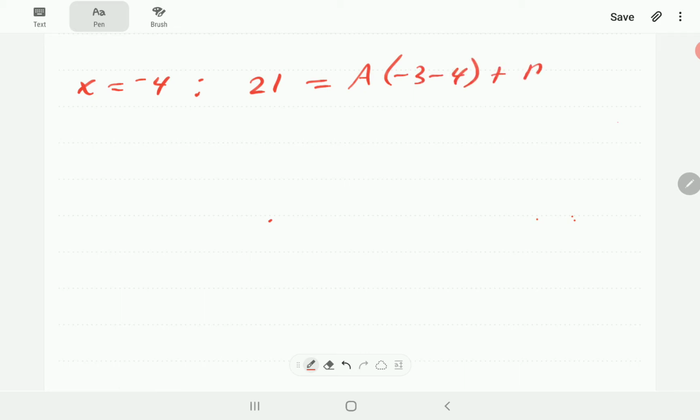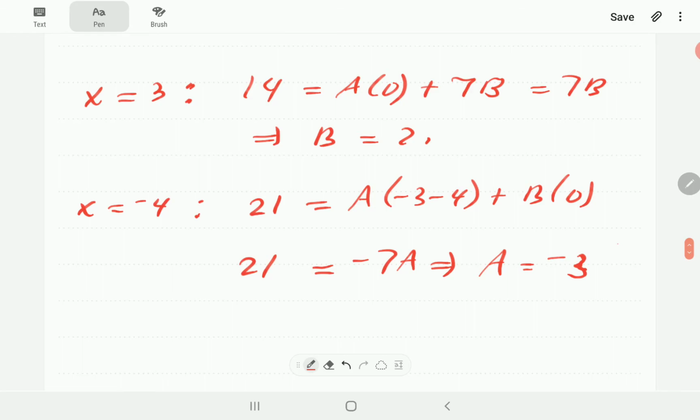Then for b, we're going to have b times 4 minus 4, which is 0. So this time b cancels out. So this is saying 21 is equal to -7a. And so a is -3. So if we use x equals 3 and x equals -4, in just 2 lines, we find the values of a and b.